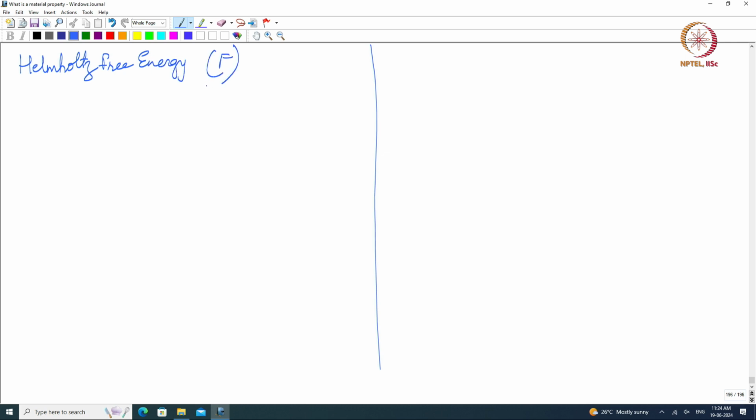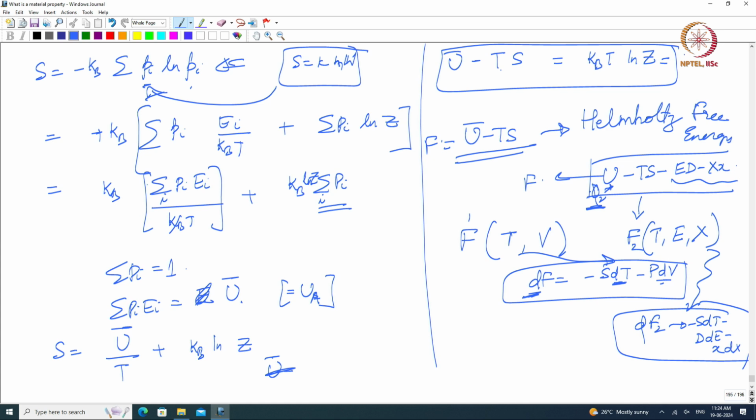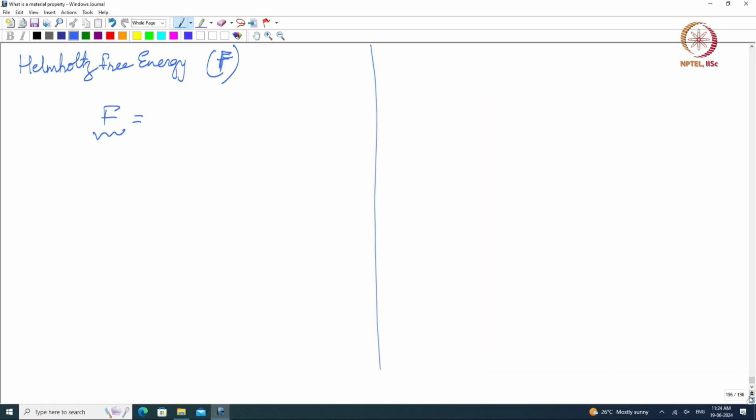F, right. So, according to StatMech, F, which is my thermodynamic potential, is U minus TS, right. So, there should be a minus coming up. So, U minus TS, yeah. When this goes this side, there will be a minus, right. So, F equal to minus kBT ln Z, right.